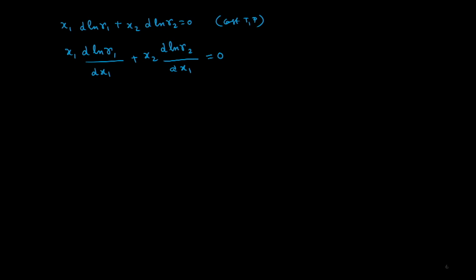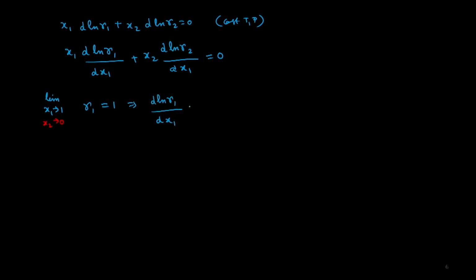Now, if you look at this equation, we said that at the limit x1 going to 1 and x2 going to 0, which is the infinite dilution limit for 2, the first term gamma 1 will go to 1, which means d ln gamma 1 will go to a constant value.